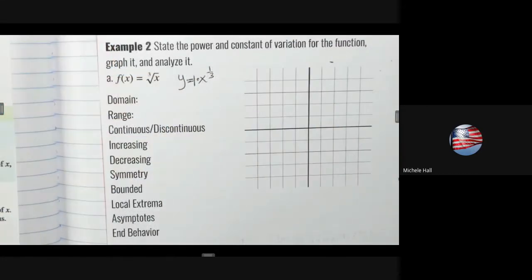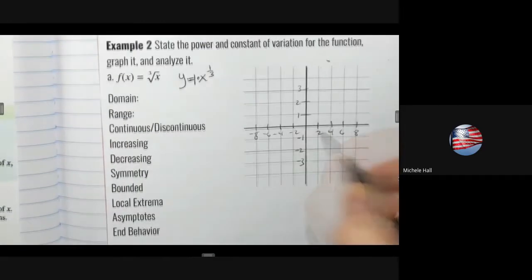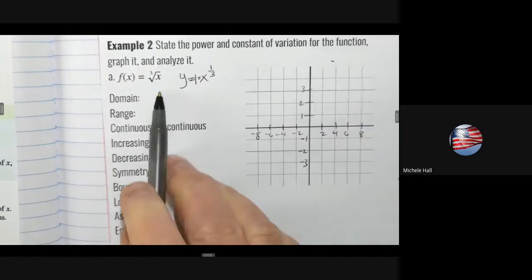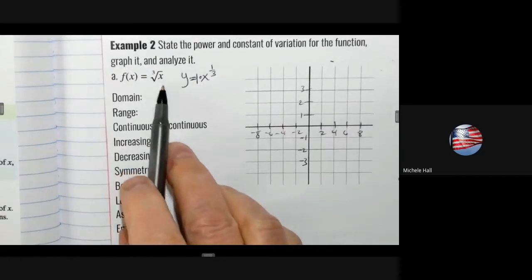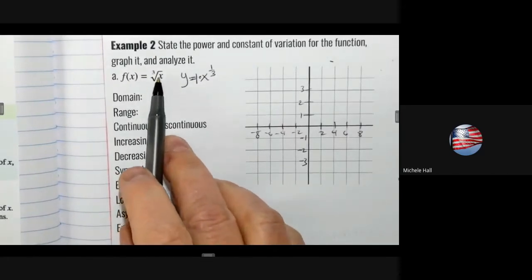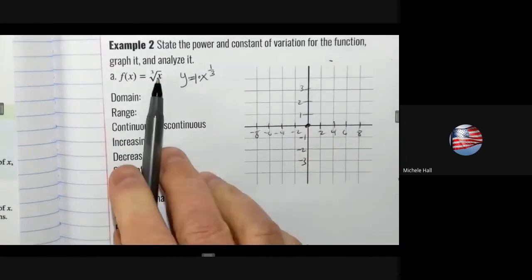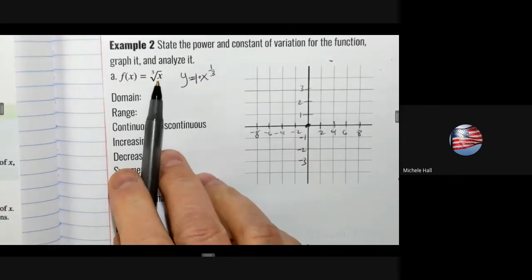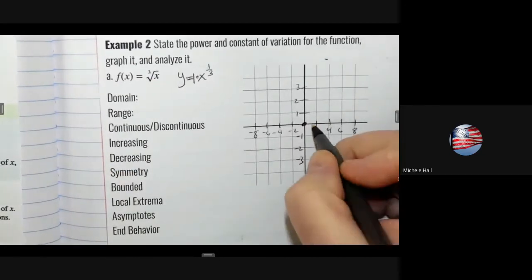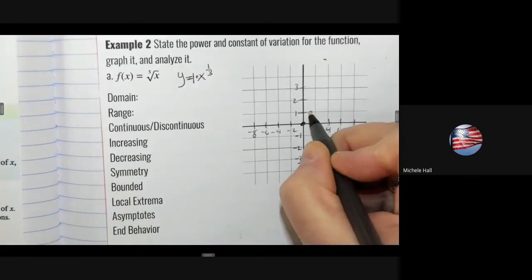And if we look at the graph, for a cube root, I just need to pick numbers that are going to work out evenly. Like the cube root of 0 is 0. The cube root of 1 times 1 times 1 is 1. So when x is 1, we get 1 for an answer.